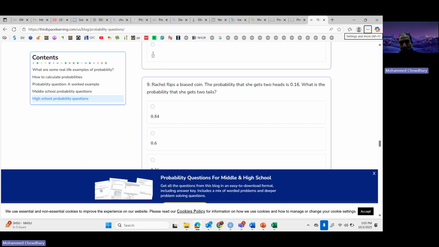The probability that she gets 2 heads is 0.16.